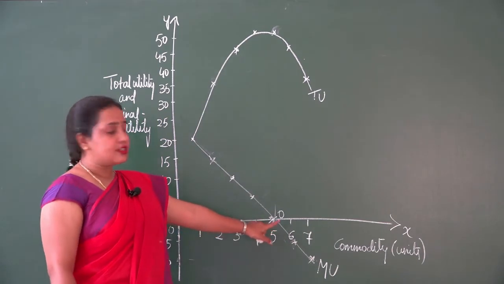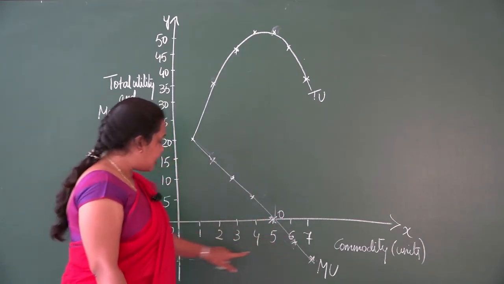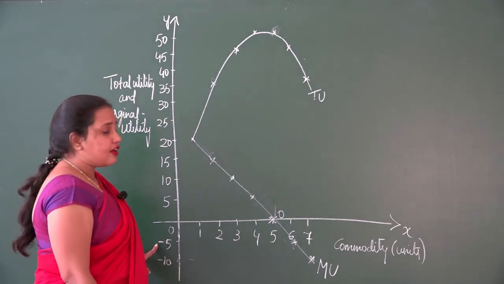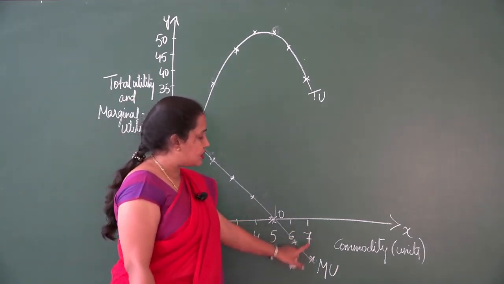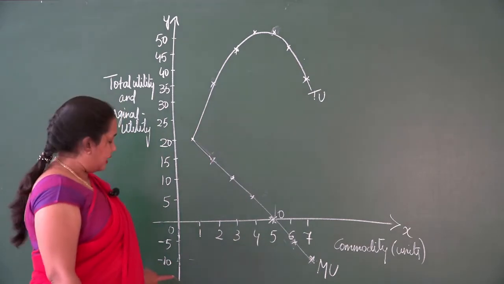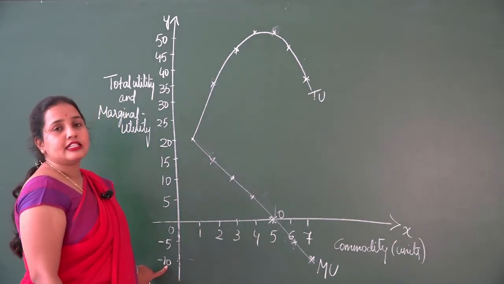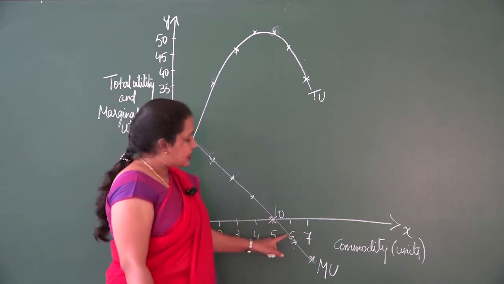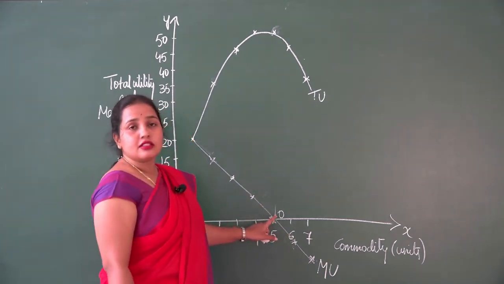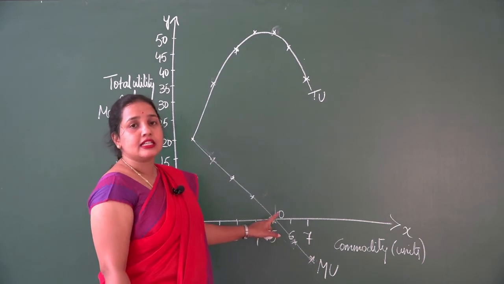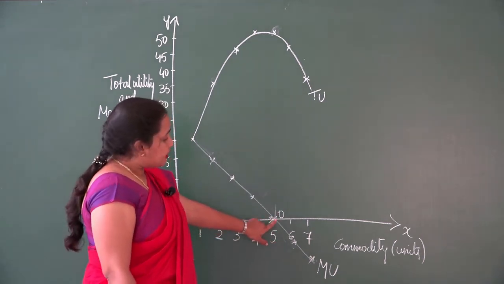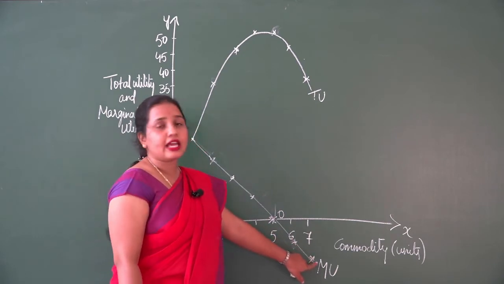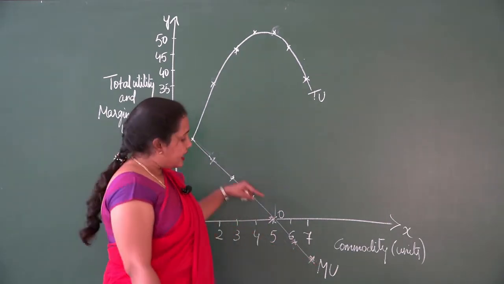When the consumer consumes the sixth unit, the marginal utility takes a negative value, that is minus 5. When the consumer consumes the seventh unit, again the marginal utility gets into a negative value, that is minus 10. You can see that after the point 0, the marginal utility cuts the x-axis and it takes a negative slope.